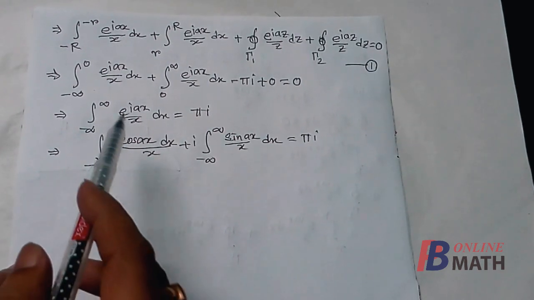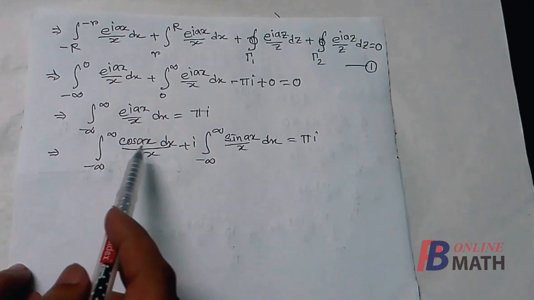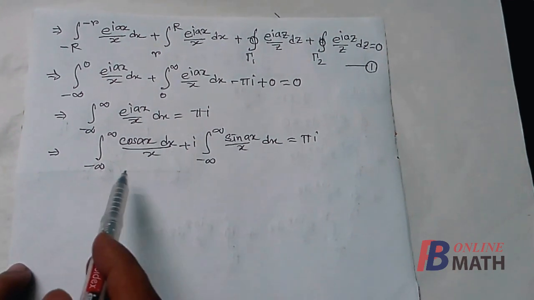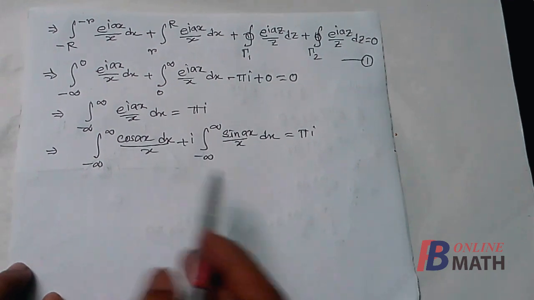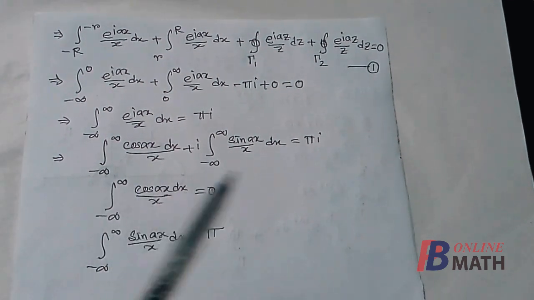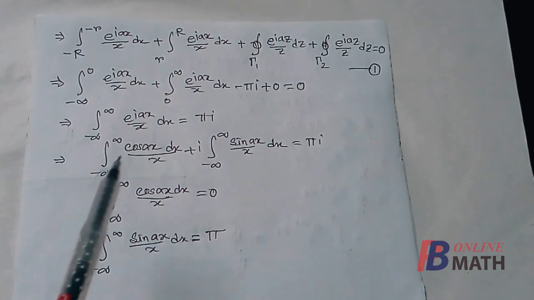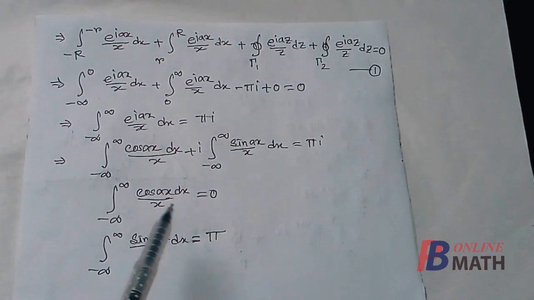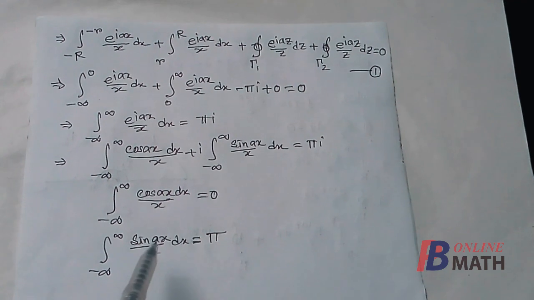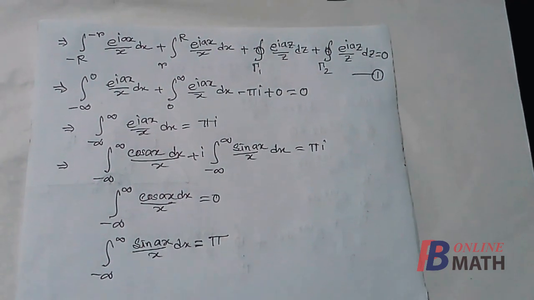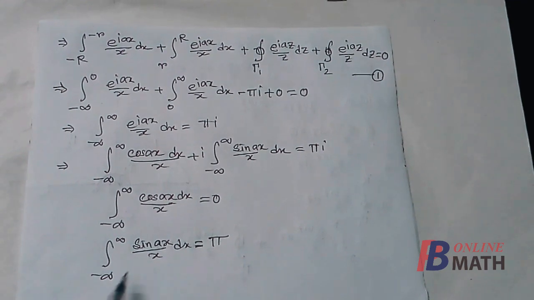Now we can compare the real and the imaginary parts from both sides. Comparing the real and the imaginary parts, we have found that the integral of cosine ax by x dx equals 0 and the integral of sine ax by x equals pi. Now this is our required integral.